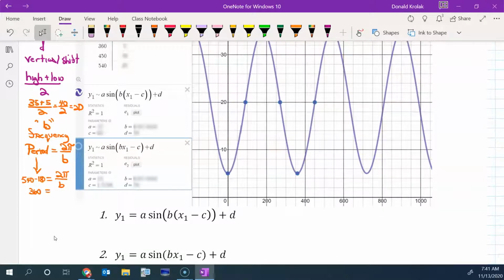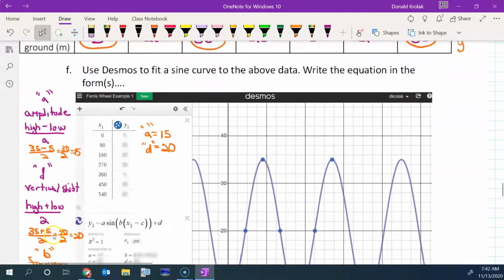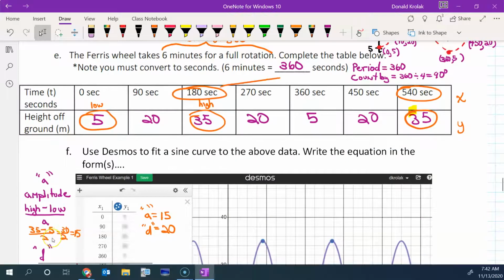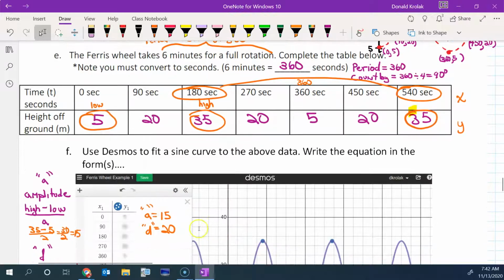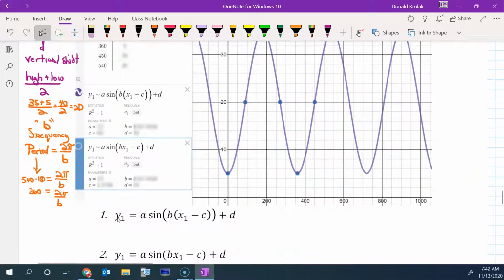540 minus 180 is 360. But you really didn't need to do that because this tells you right here: it's the time it takes to go around once. Now that's not B, that's just the period.